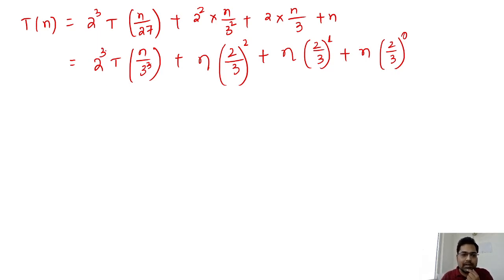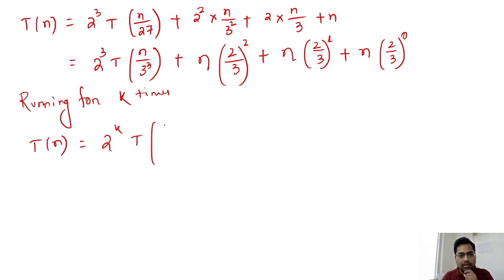So here what exactly is being done: 3, 3, but here it is 2, here it is 1, decreasing by 1. Okay, so if you are running for k times, for k times, T(n) is 2 to the power k, T(n/3 to the power k).